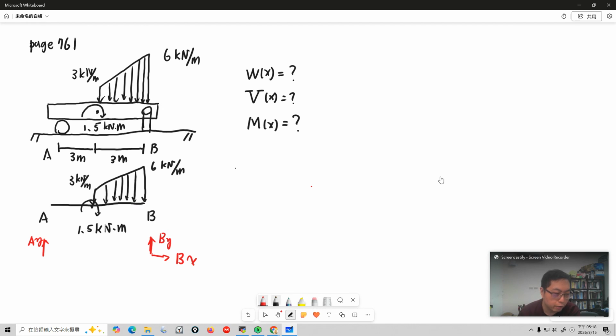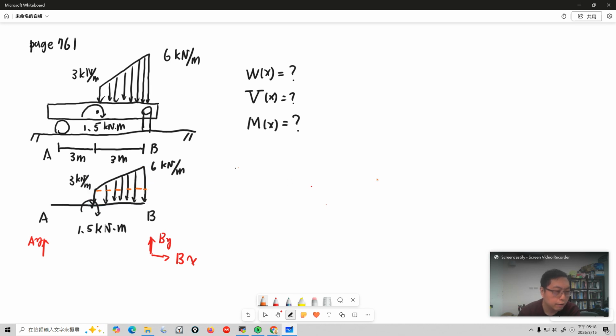How do we do the simplification of the distributed load? This shape is a trapezoid, and a trapezoid is a combination of a rectangle and a right triangle. If we draw a line here, this distributed load is equal to a rectangular part plus a right triangle part.